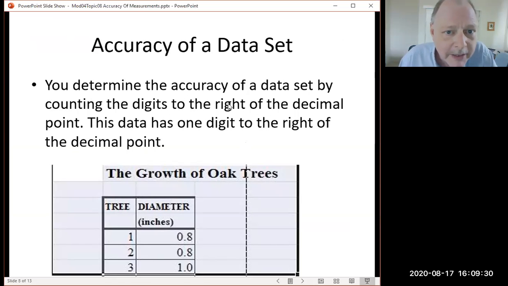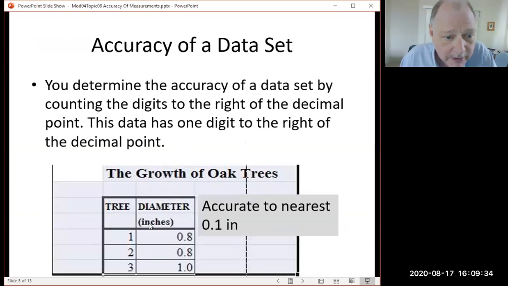So you can determine the accuracy of a set of data by counting the digits to the right of the decimal point. This data is accurate to the nearest tenth of an inch because the units of measurement are specified in the top of the data column. It says inches, and then these digits, the data, stop in the tenths place.